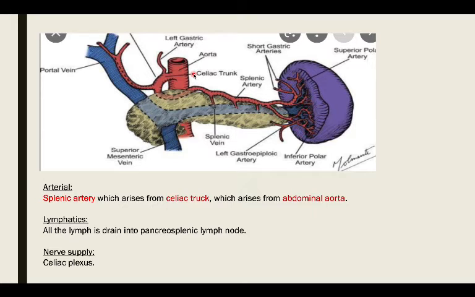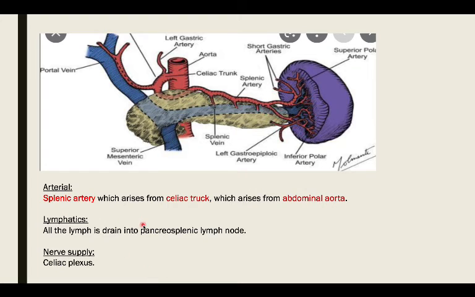In the SP they can ask what the origin of the splenic artery is. It is from the celiac trunk, which arises from the abdominal aorta. So remember these two origins, because they can ask where the splenic artery comes from.